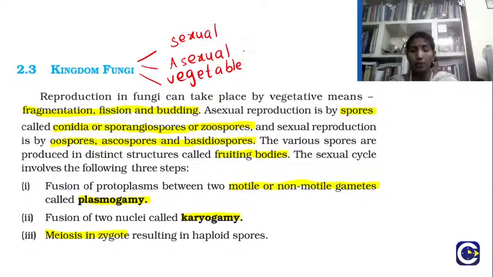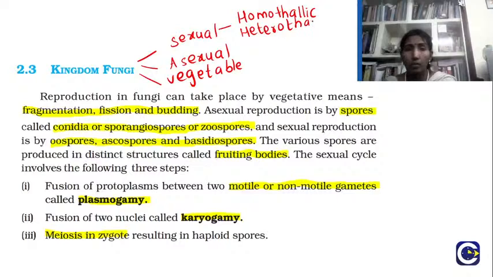Sexual reproduction is of two types: it can be homothallic or heterothallic. When I use the word heterothallic, there will be fusion between two genetically different types. When I say homothallic, there will be fusion between similar genetic types. That's the concept.